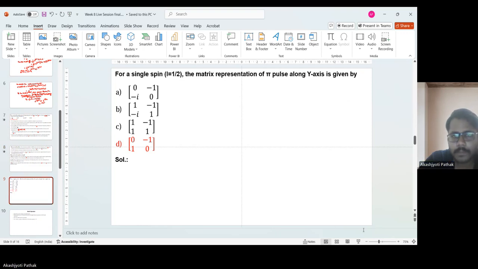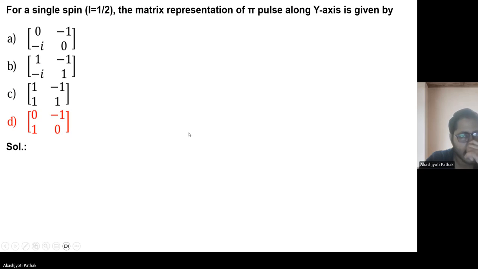So the next question is this. For a single spin I equal to half, the matrix representation of a pi pulse along y-axis is given by. As you might know, these spins are represented in the form of matrix notation. Option A is 0, minus 1, minus i, 0.